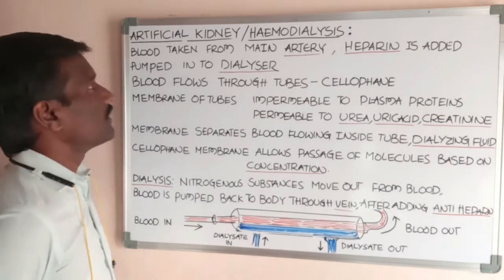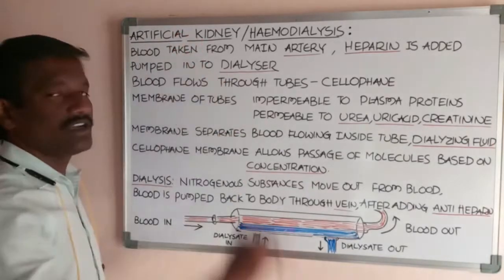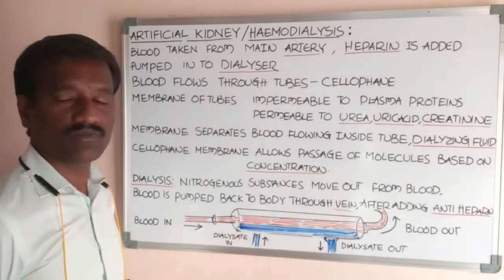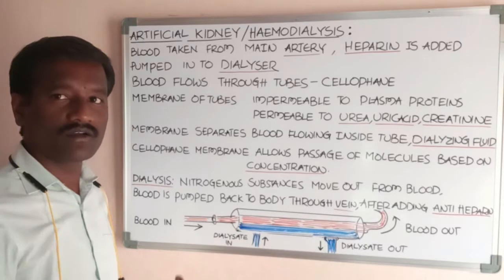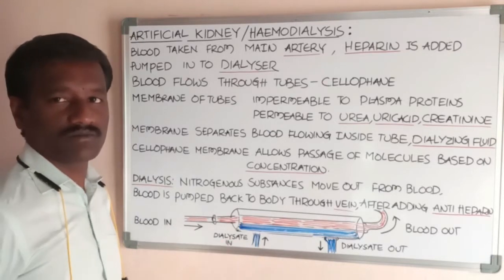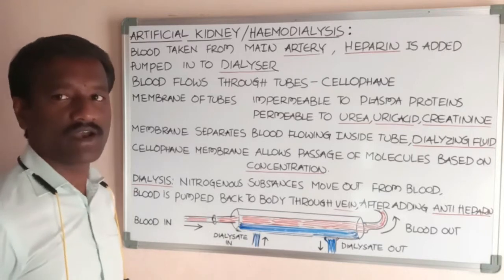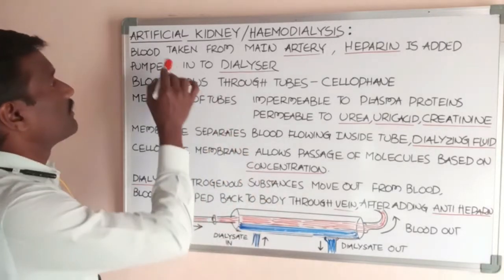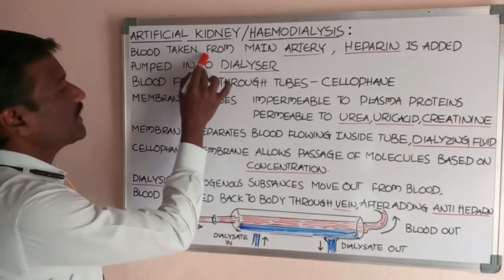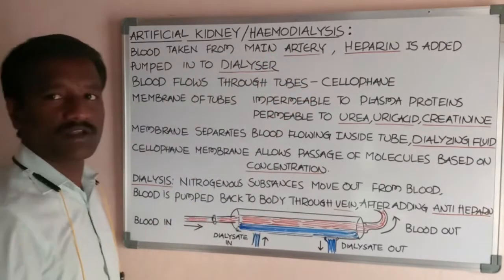The artificial kidney is a machine, a mechanical process used to filter the blood. The blood is taken from the main artery.